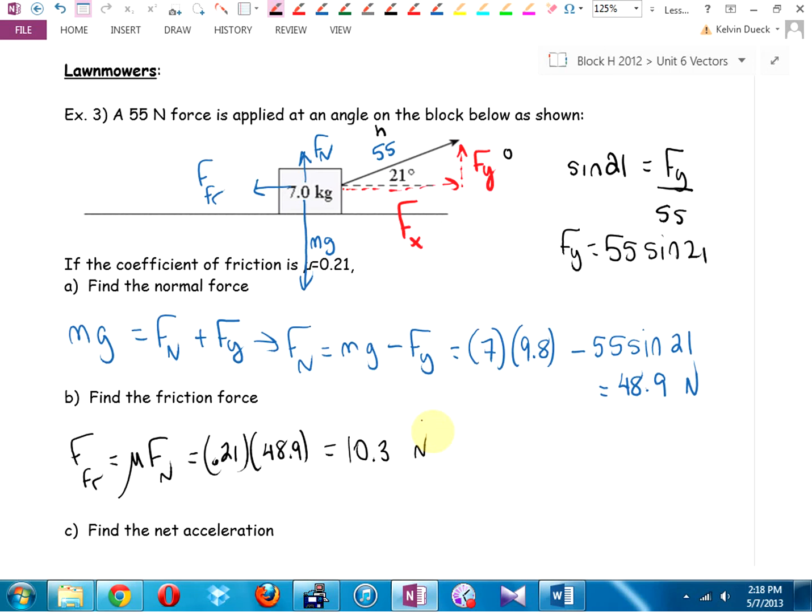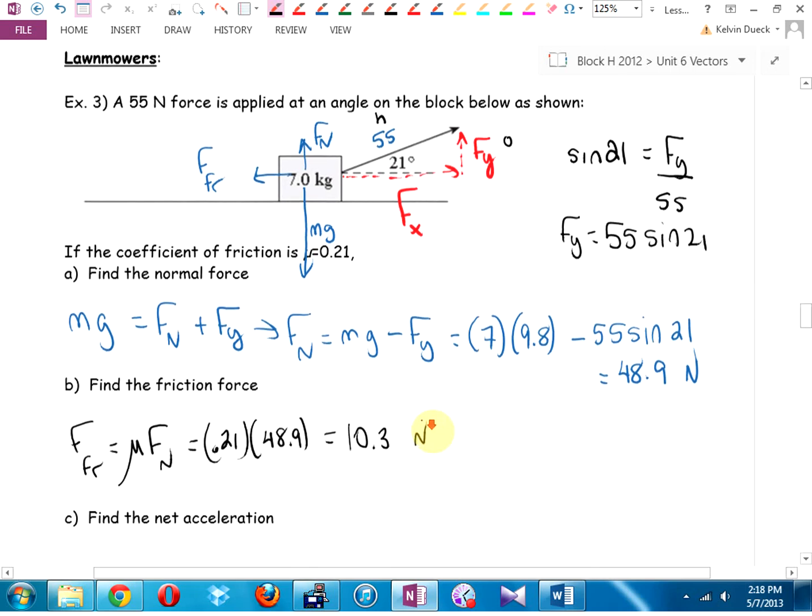Smaller. What would happen to friction? That's why it's easier to slide something when you lift up. If I'm dumb and I push down, what happens to Fy? It gets bigger in the downwards direction. What happens to the normal force? Gets bigger, and since friction is mu times the normal force, it's not going to slide so easy. You knew that, but there's the physics of it.